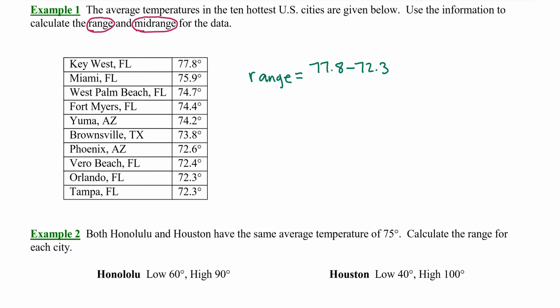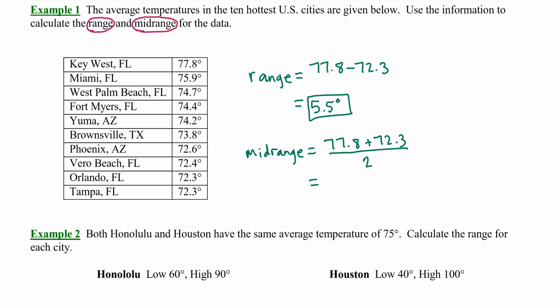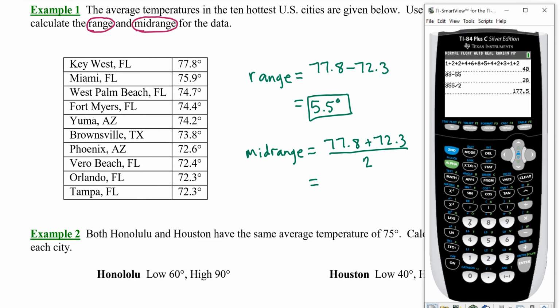So we're simply going to find the difference between these two numbers. If we subtract those two numbers, we find out the range is 5.5 degrees. Now recall, the mid-range is going to be the center of the range. So to find the mid-range, we add the highest and lowest values and then divide by 2. So we're actually averaging the highest and lowest temperatures.